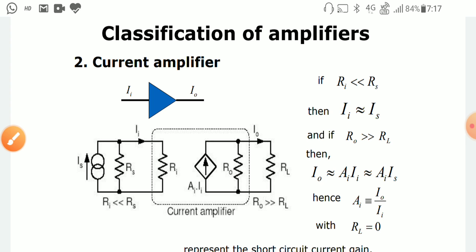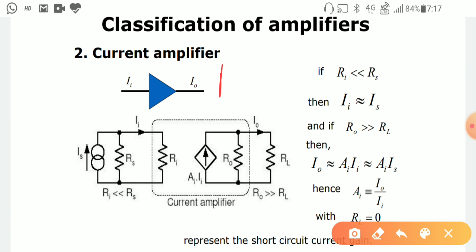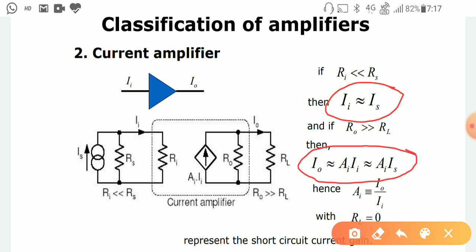Now the current amplifier value will be the output current, because for an amplifier, the gain A is equal to the ratio of output to input. So here for the current amplifier, it is the output current in ratio with the input current. From here you can see that Ii is equal to IS, and this is the input current, and the output current is I0, equal to AI into IS.